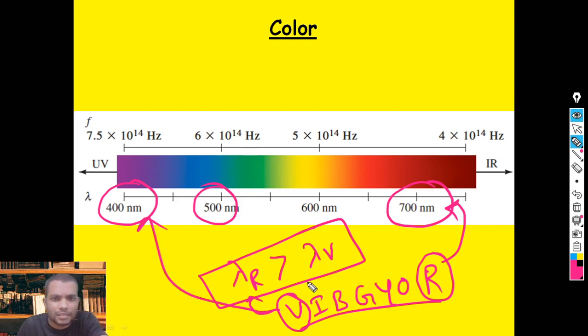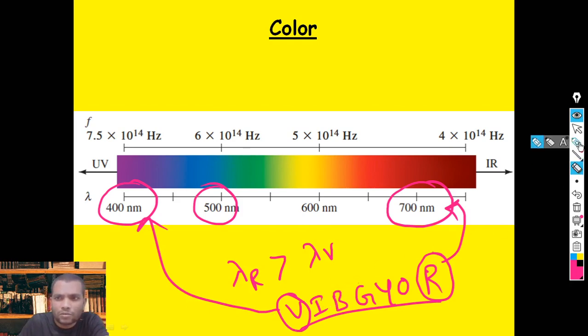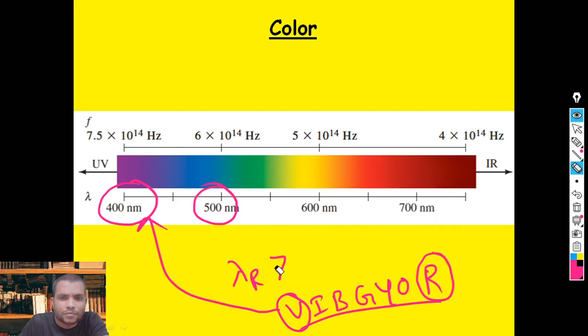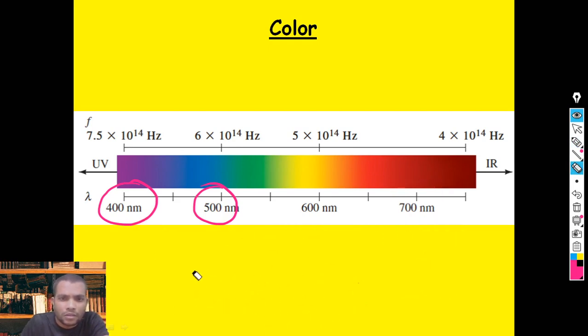So this is something about wavelength. This point is important: the red wavelength is greater than the blue or the violet, because we need that point ahead.